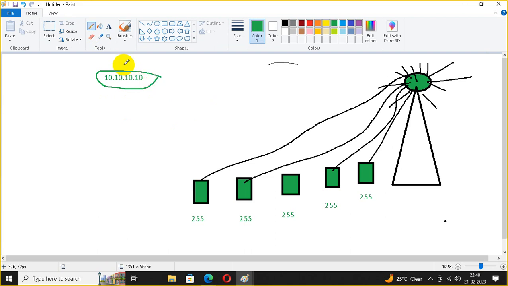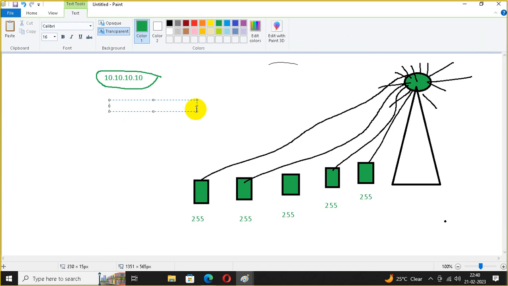In class A, what is the structure? I am asking about the structure, not the subnet mask. One network, 3 hosts, right?